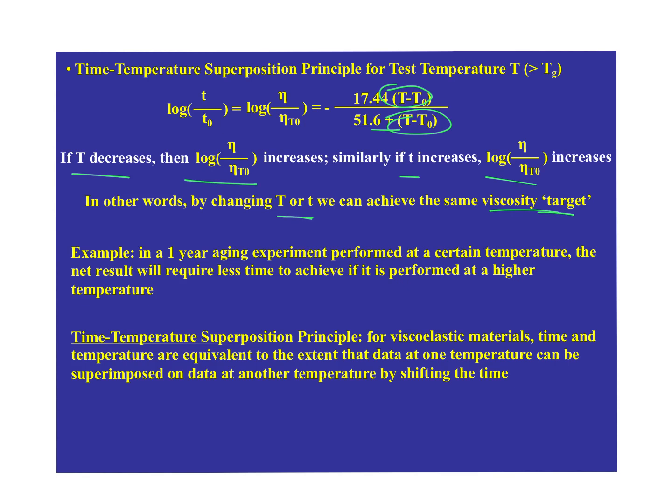An example of this is a one-year aging experiment performed at a certain temperature. The net result will require less time to achieve if it is performed at a higher temperature. There should not be anything phenomenal to you about that. And so this superposition principle for viscoelastic materials, time and temperature are equivalent to the extent that data at one temperature can be superimposed on data at another temperature by shifting the time.